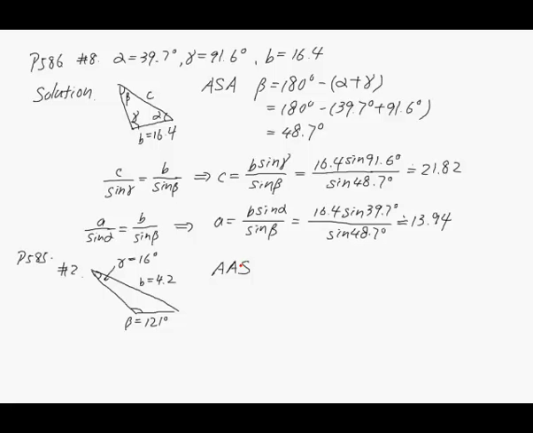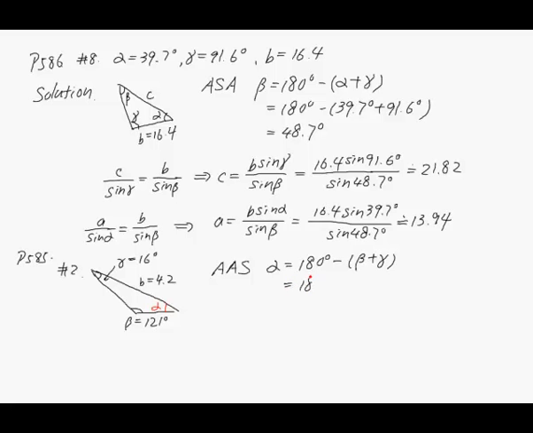And first, we can find the missing angle alpha. So by the property that the sum of the 3 angles of a triangle is equal to 180 degrees, angle alpha is equal to 180 degrees minus the sum of beta and gamma.